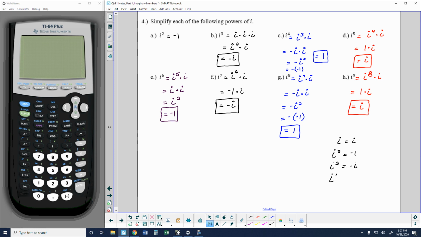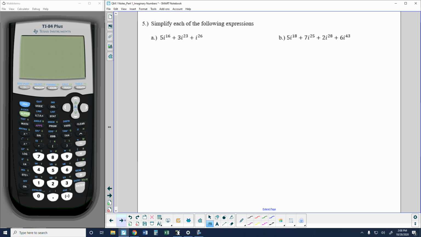And i to the fourth power is +1. And then these will continue to repeat and repeat and repeat as we increase powers of i. And so that's going to allow us to solve a problem like we see in problem number 5, where we have very high powers of i. And we will take a look at that in class when we reconvene.